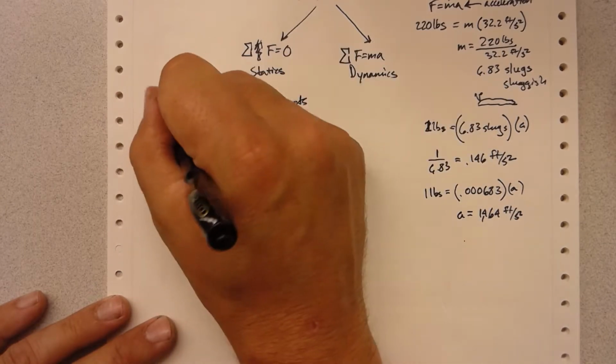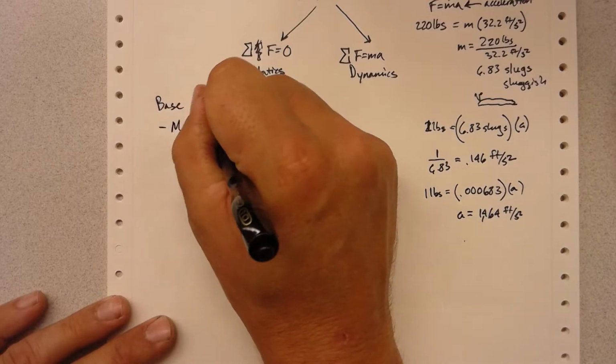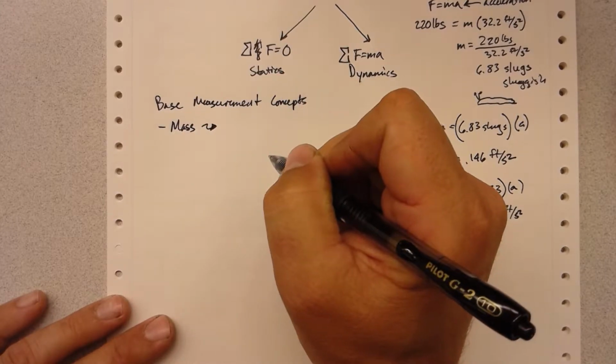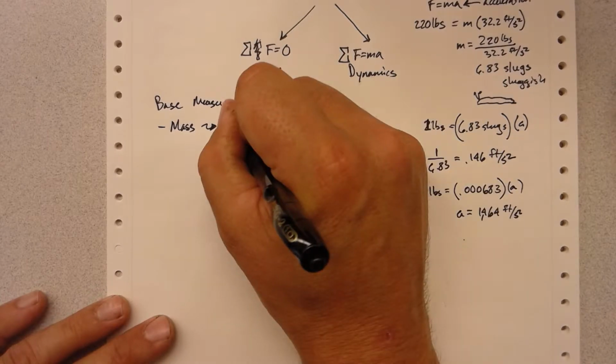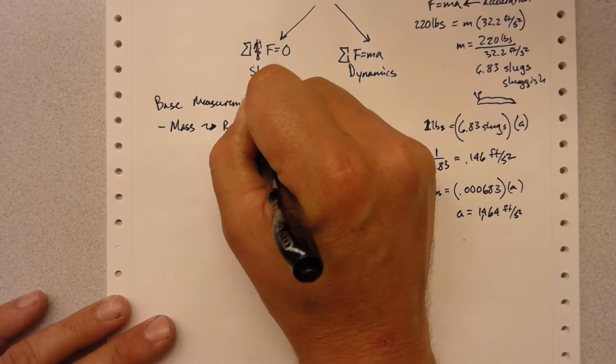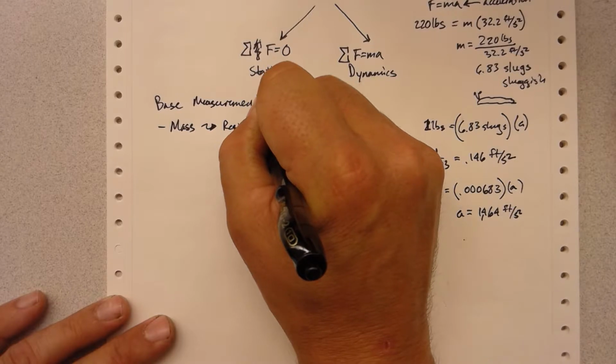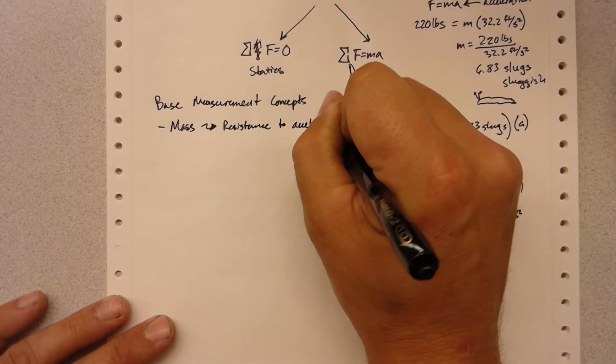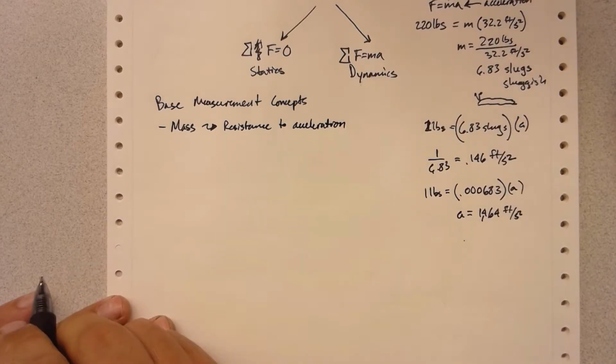One is mass, right? And we've kind of already defined that as what? Resistance to acceleration. Okay.